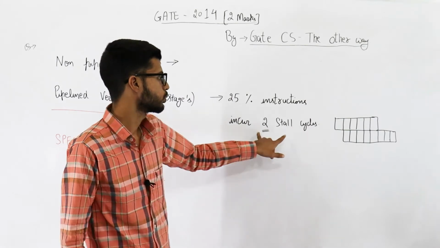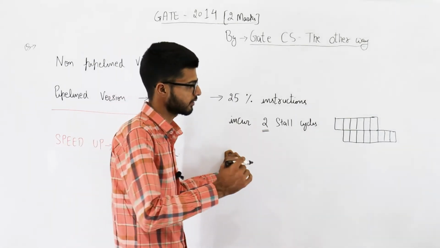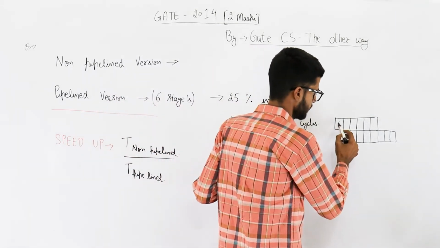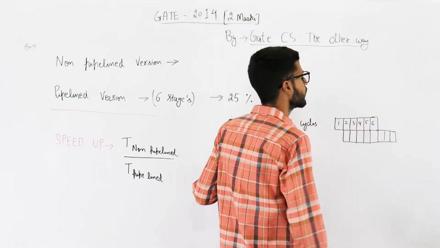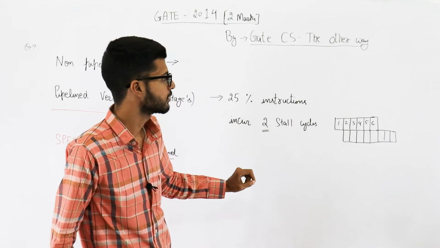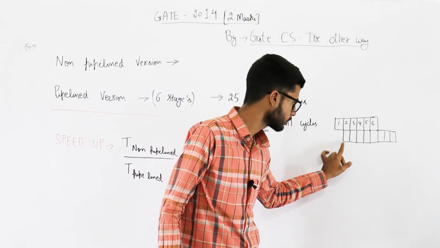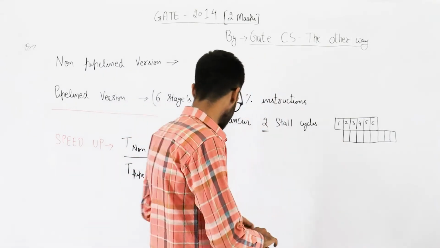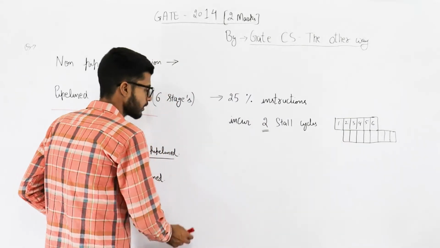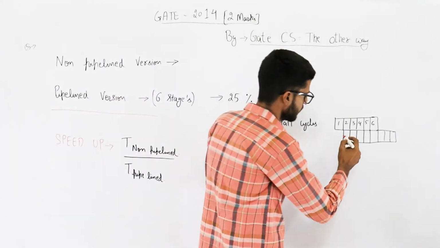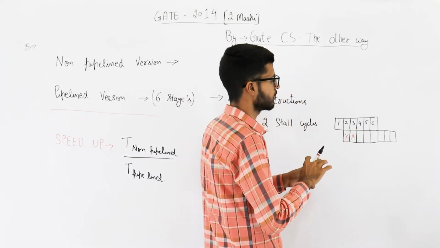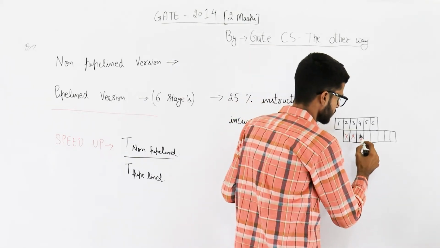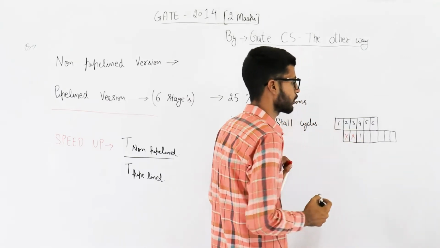So when there are 2 stall cycles, this is a 6-stage pipeline. We have these 6 stages. Now the next instruction's execution would begin from here. But having 2 stall cycles means these 2 cycles are wasted, and effectively the next instruction will begin its execution from here.